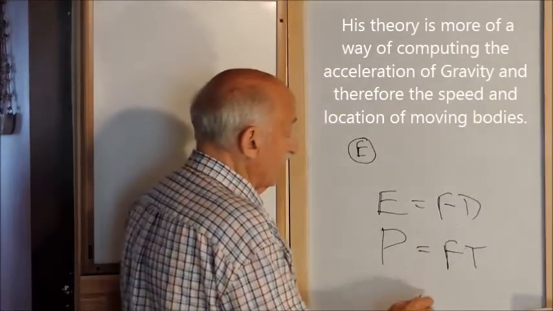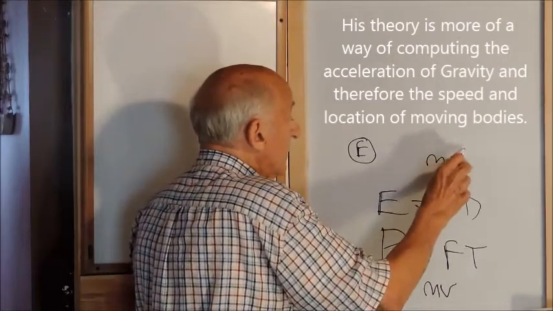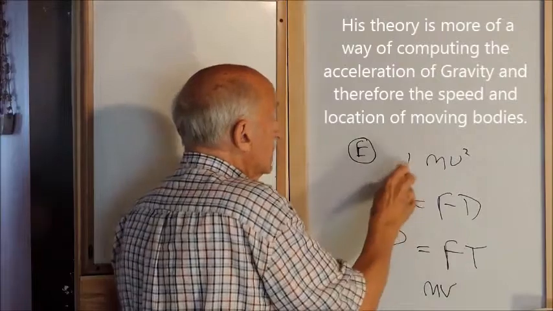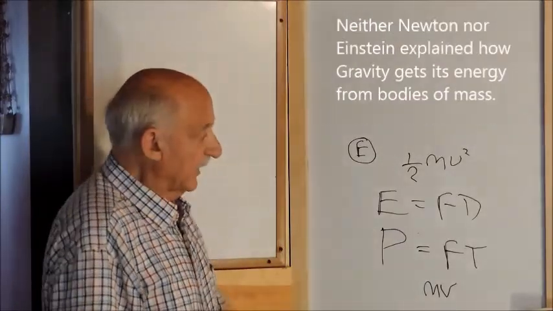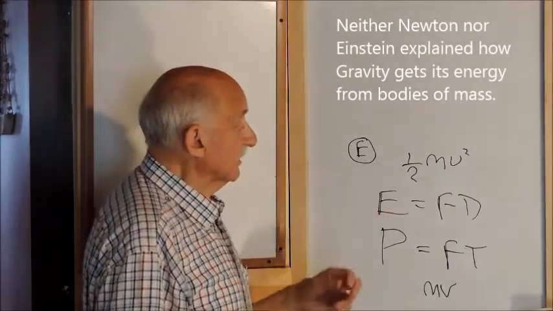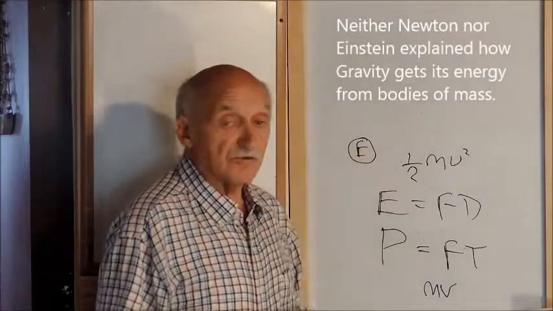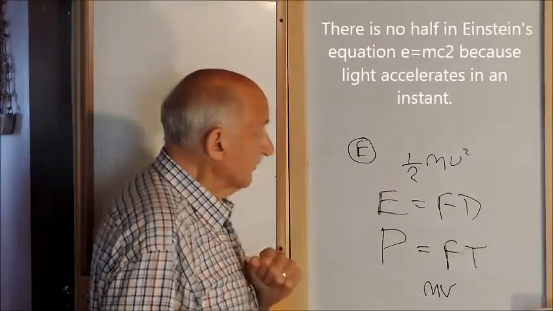It's also equal to mass times velocity, and energy is equal to mass times the velocity squared. That's the dimensions. There's a half in there. The half is there because the energy is created when a body is accelerated, and if it's accelerated at a constant rate, it has an average velocity of half the final velocity, and that's where that half comes from.